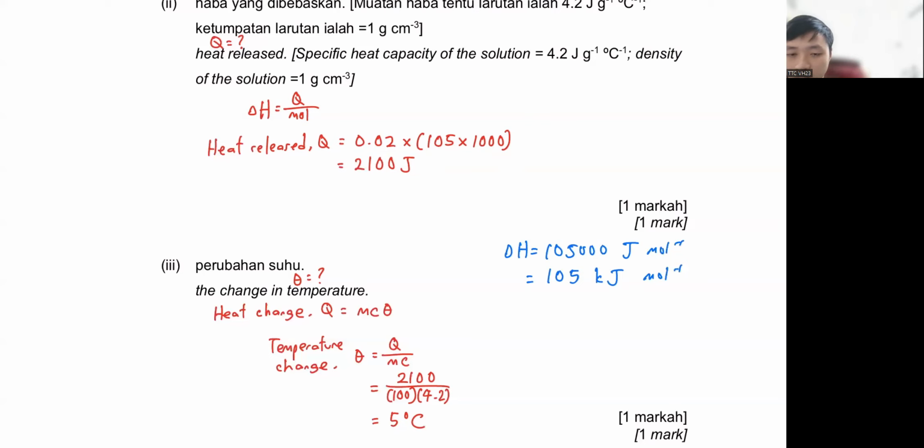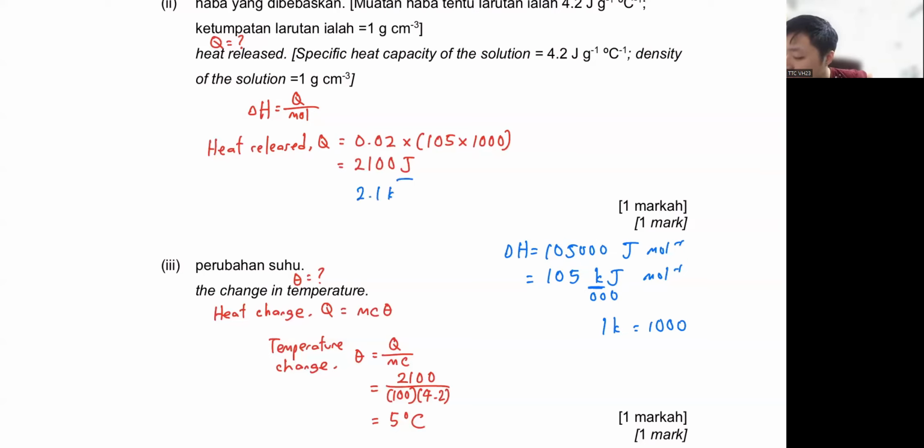You do the next step. What happened? Because 1 kilogram equals 1000 grams, it means 1 kilo equals 1000. That's why you times 1000 to make it joules instead of kilojoules.